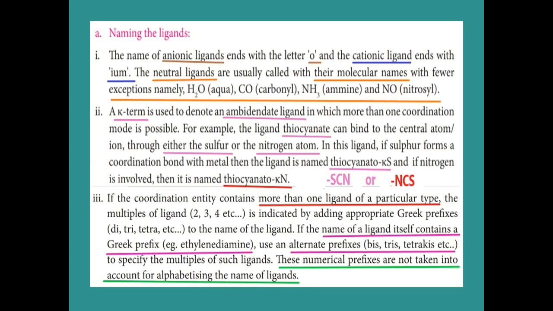For that we have to write bis(ethylenediamine). Suppose 3 ethylenediamine are present, we can't say triethylenediamine. Then we have to say tris(ethylenediamine). Now these numerical prefixes that we add cannot be taken into account for alphabetizing the names of the ligands.